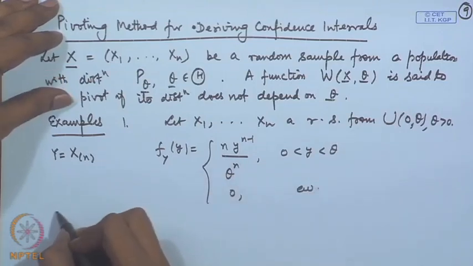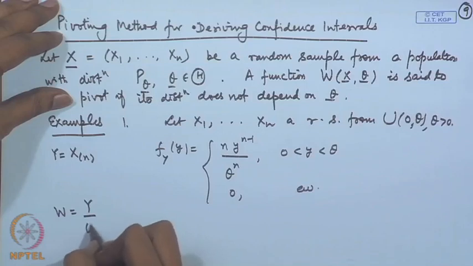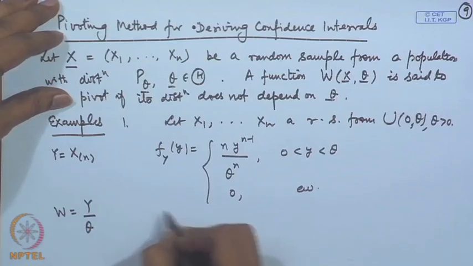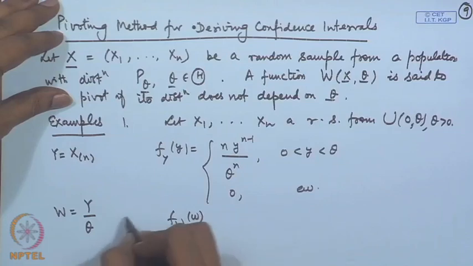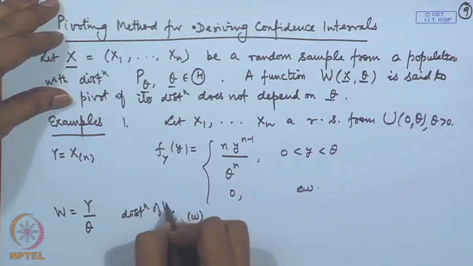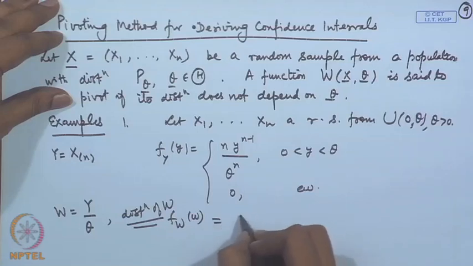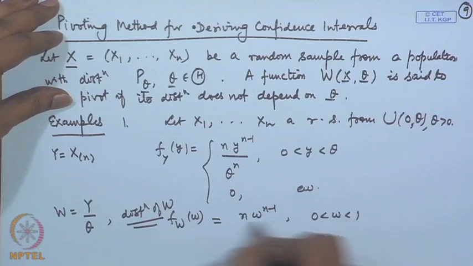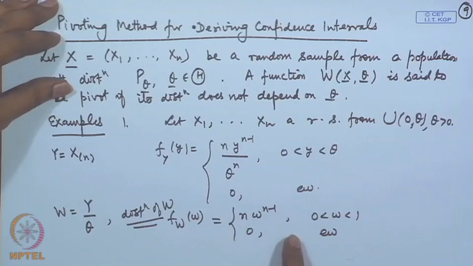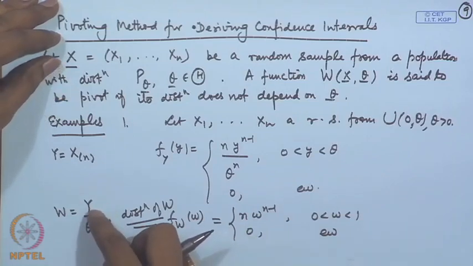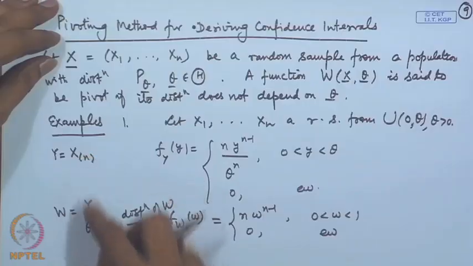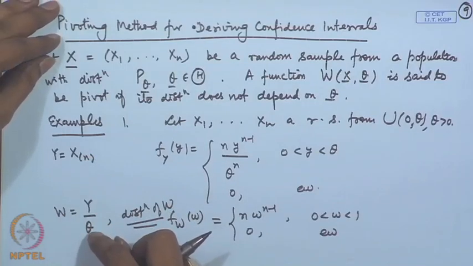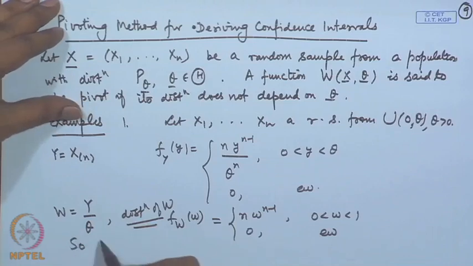In this one, if I define w is equal to y divided by theta, then what is the distribution of w? This is equal to n w to the power n minus 1 for 0 less than w less than 1, and it is 0 elsewhere. So, this distribution is free from the parameters, and this w involves the random variable x n as well as the parameter. So, w is a pivot in this problem.